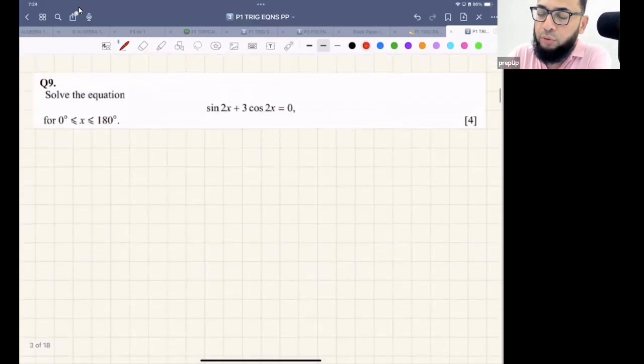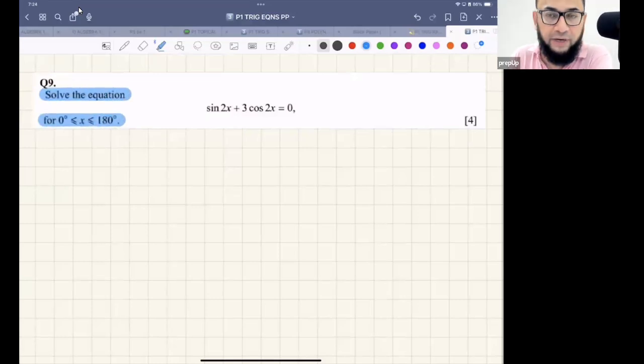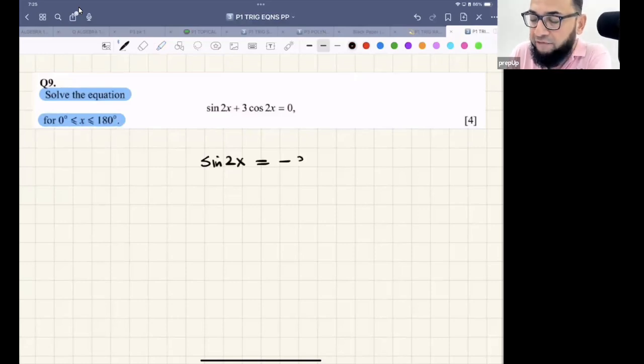Now let's go down to each single question and see how it goes. It says solve the equation. This is the equation and this is the range of values. It says sine 2x plus 3 cosine 2x equals 0. So sine 2x equals negative 3 cosine 2x. Divide both sides by cosine 2x.